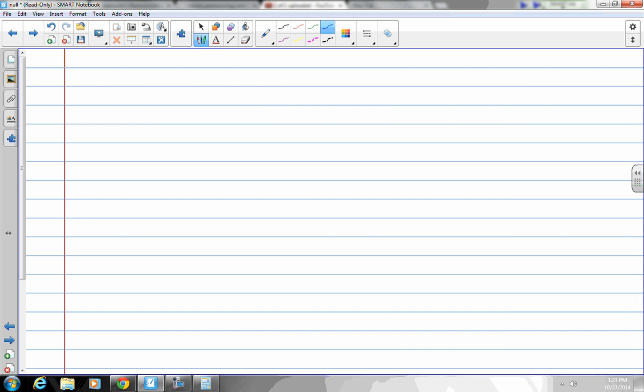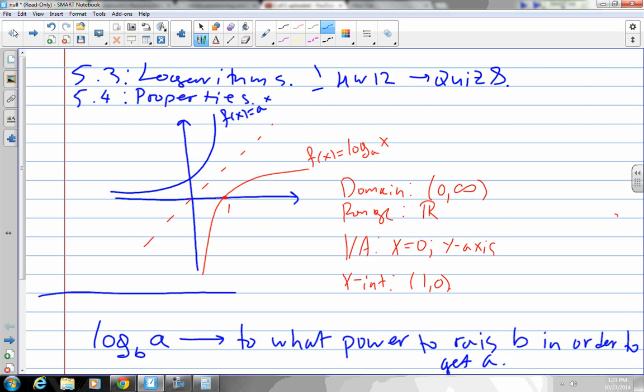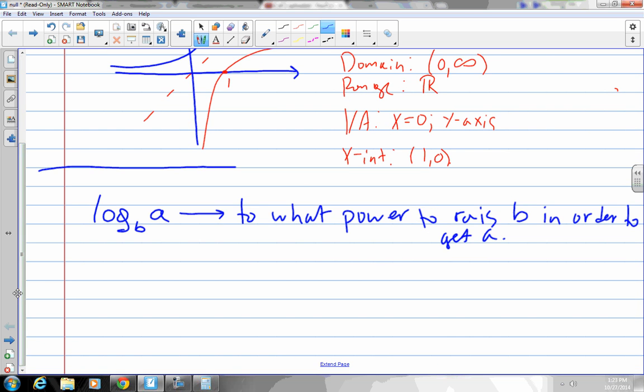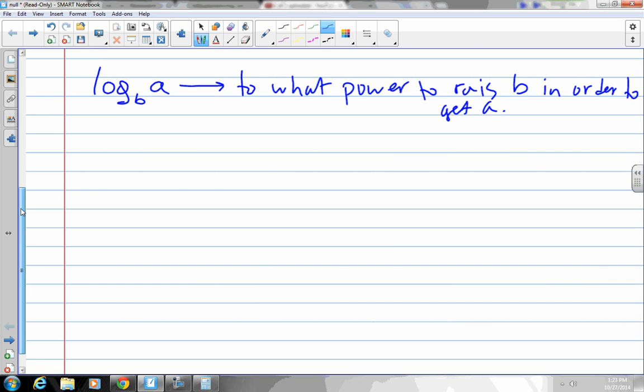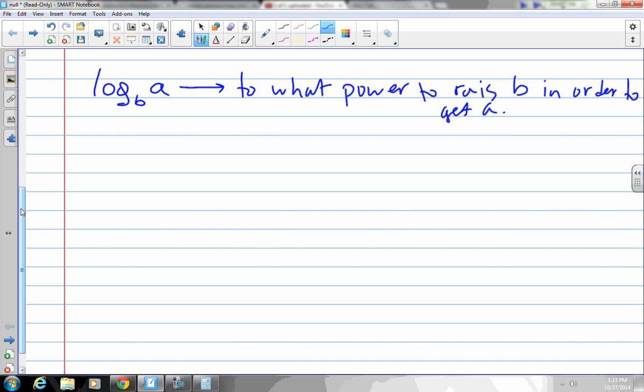The exponential function takes in an exponent and gives you some kind of output. The logarithm does the opposite. We take the output and give you an exponent back, given the base. So another way to say log base a of x equals y is equivalent to saying that a to the power y equals x.